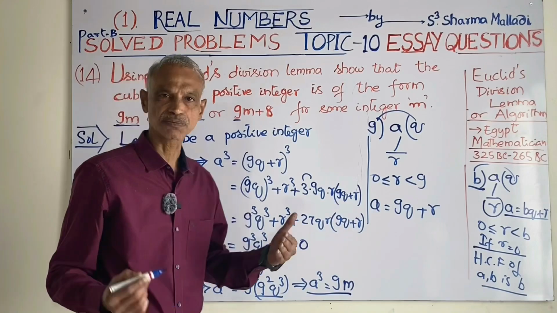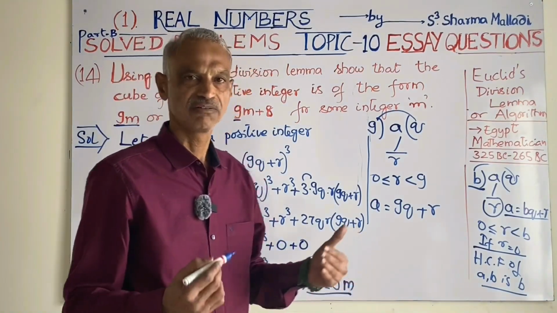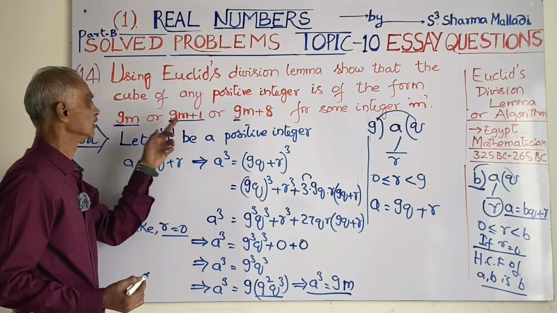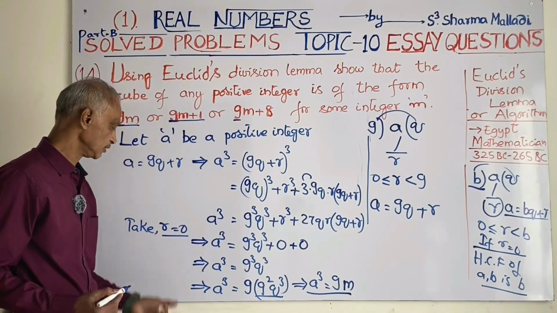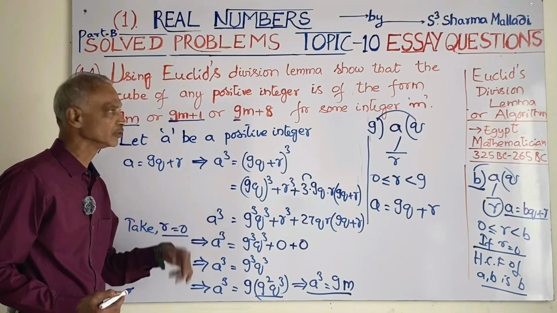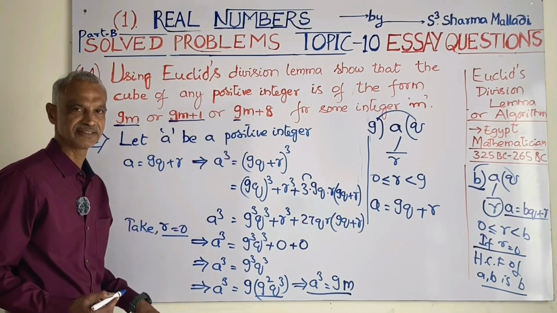Next, 9m plus 1. I will substitute r is equal to 1 in this equation so that you will get 9m plus 1. And I will substitute r is equal to 2 in this equation. You will get 9m plus 8.